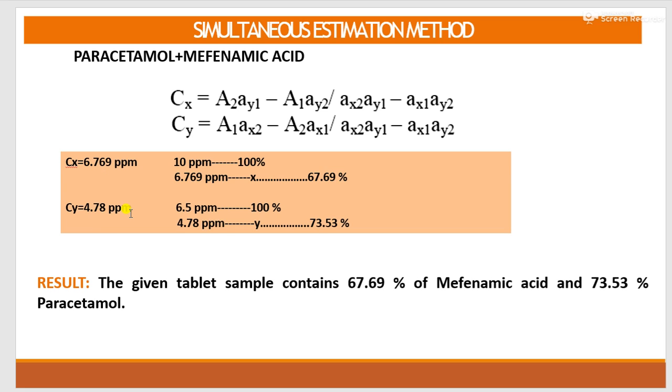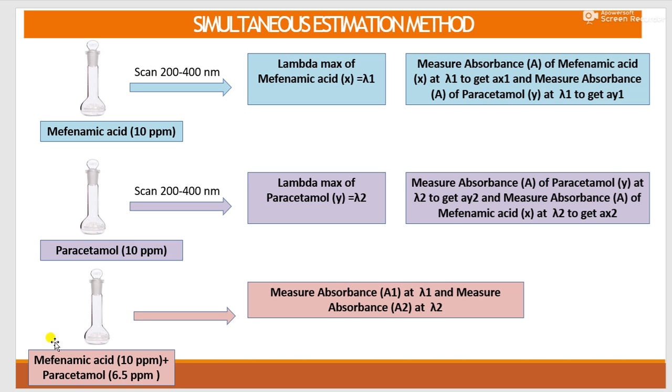Now how to calculate percentage weight by weight? Our sample solution, as we can see here, contained 10 ppm of mefenamic acid and 6.5 ppm of paracetamol. These are our theoretical values which we prepared, so these values are 100%.